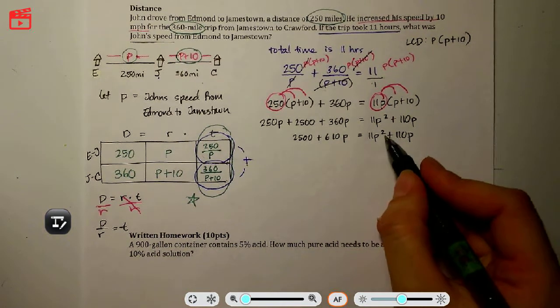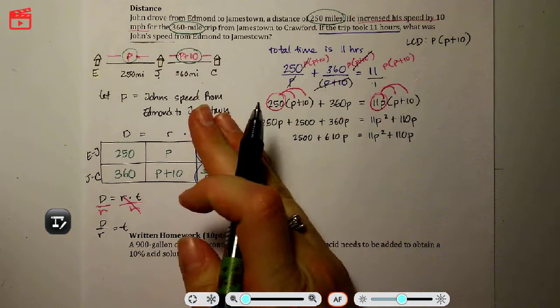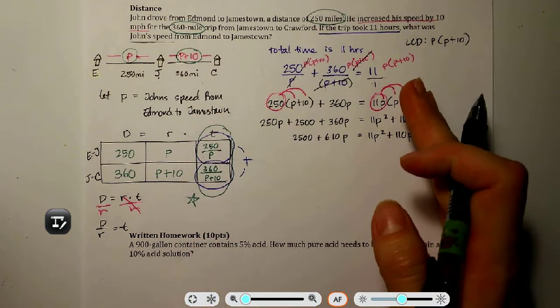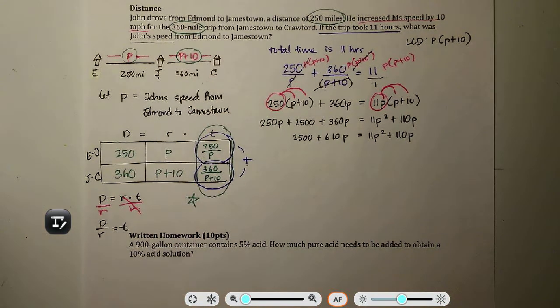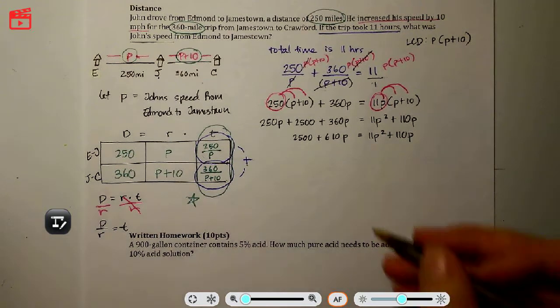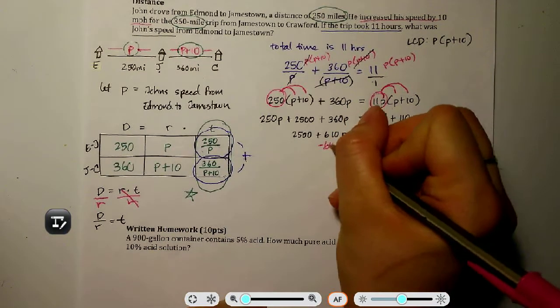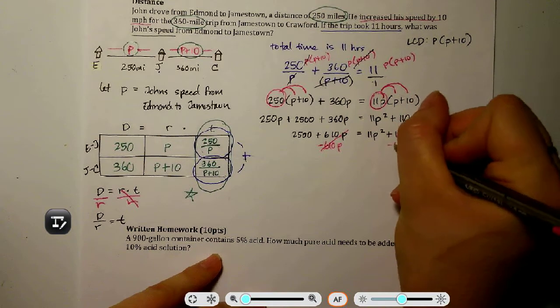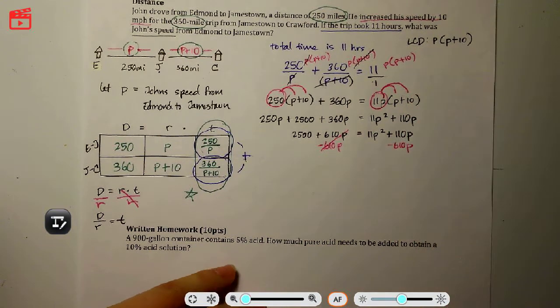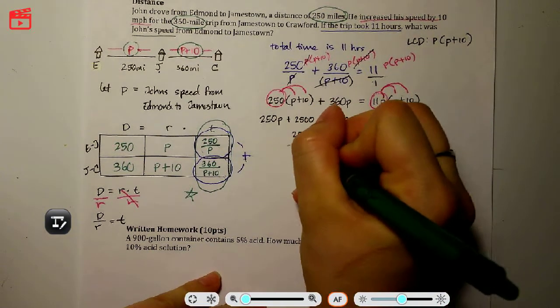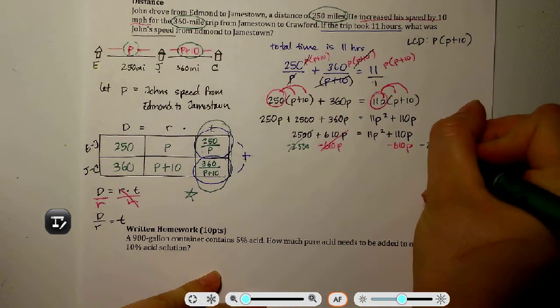Okay, this is quadratic. So our goal, move everything to one side, and then we'll see if we can factor it or if we'll use the quadratic formula. So moving it to one side, minus 610P, minus 610P, and then subtract the 2,500.